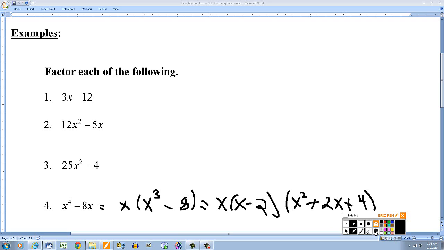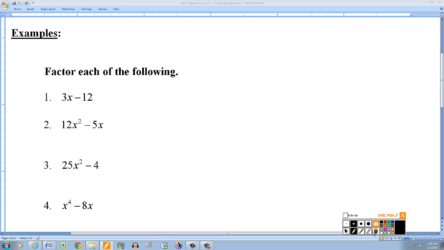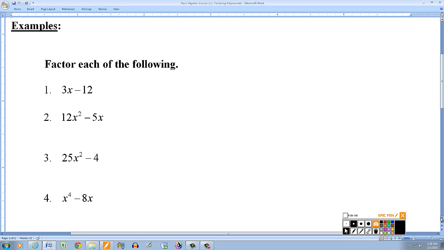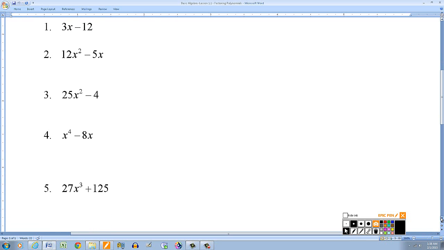So let's look at the next one. This one goes back again to binomial. I got 27x to the third plus 125.